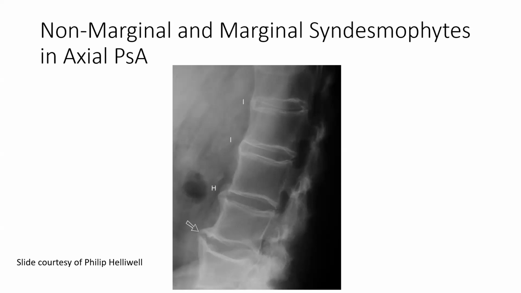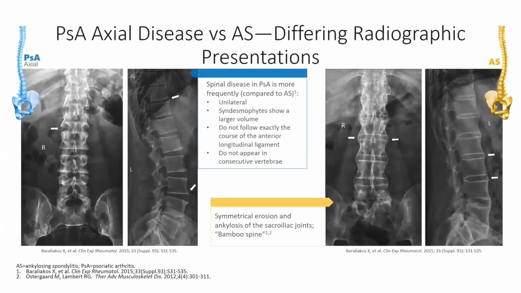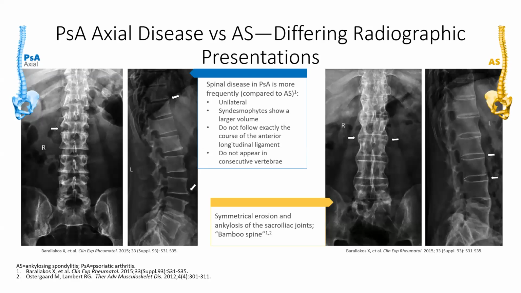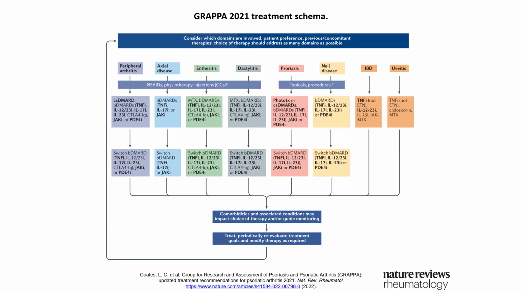These are calcium bridges between the vertebrae that are very different in appearance than those of ankylosing spondylitis. And that's shown here again with spotty changes in PsA as opposed to the almost bamboo spine we see in AS that's very advanced.